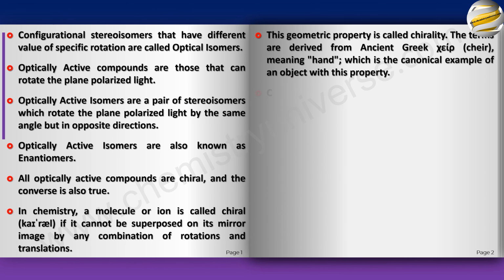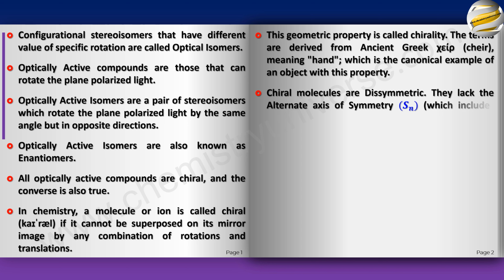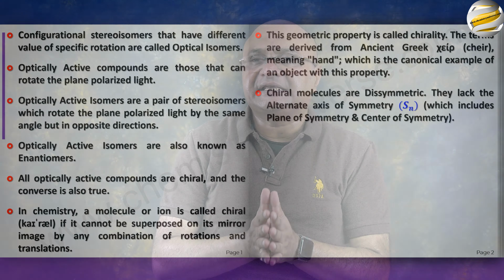Chiral molecules are dissymmetric. They lack the alternating axis of symmetry, S_n, which includes the plane and the center of symmetry. Now, as we have already seen in the case of symmetry elements, we said that possessing an alternating axis of symmetry would make the molecule symmetrical.